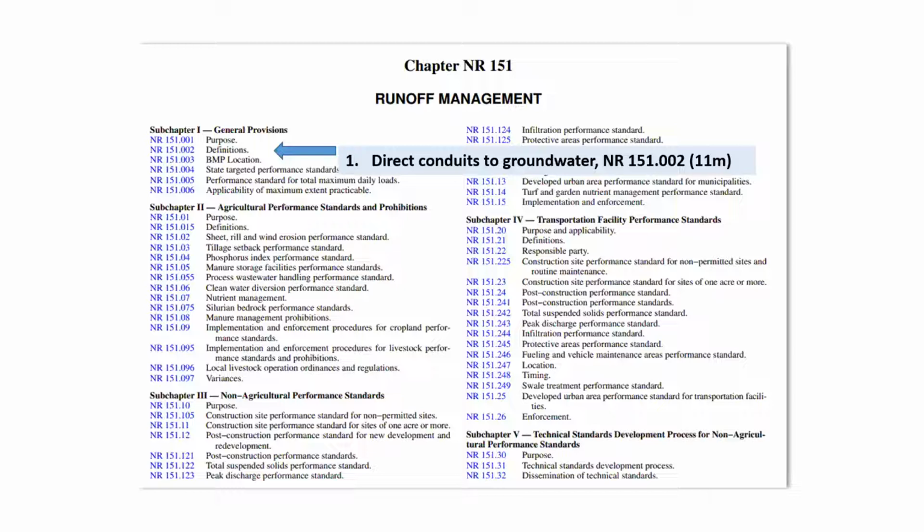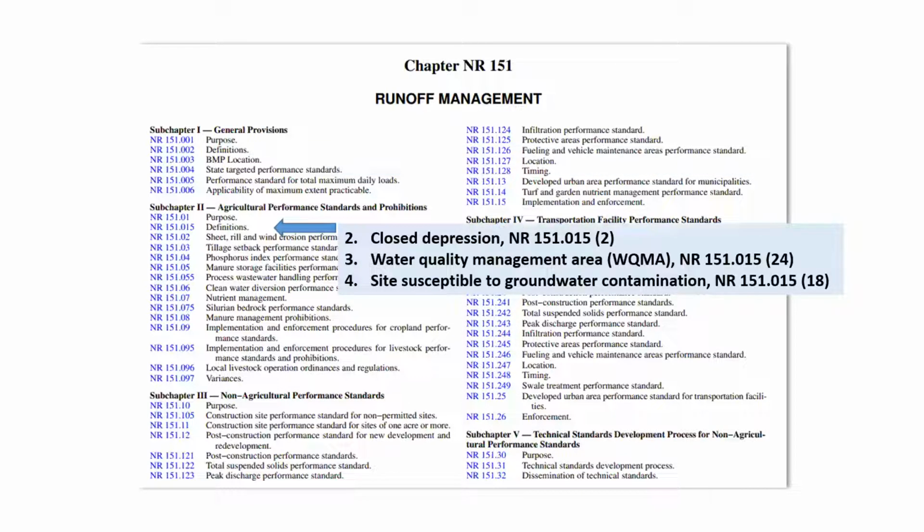Moving on to subchapter 2, we also have closed depression, water quality management area, and sites susceptible to groundwater contamination contained within the definitions of subchapter 2. So those are the 4 primary ones that I'll touch on today.